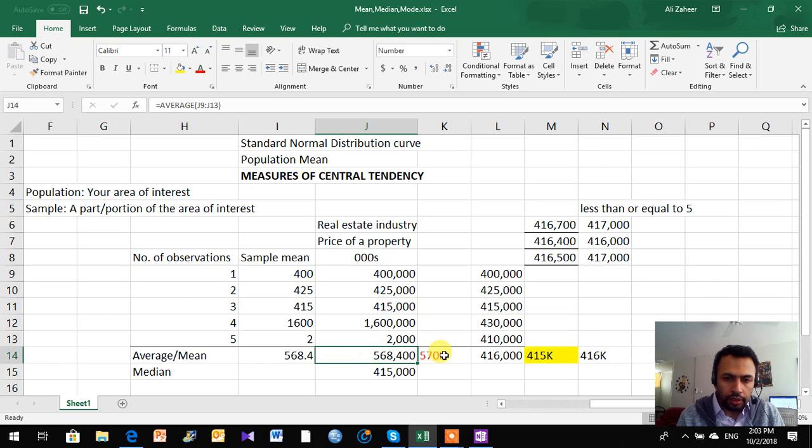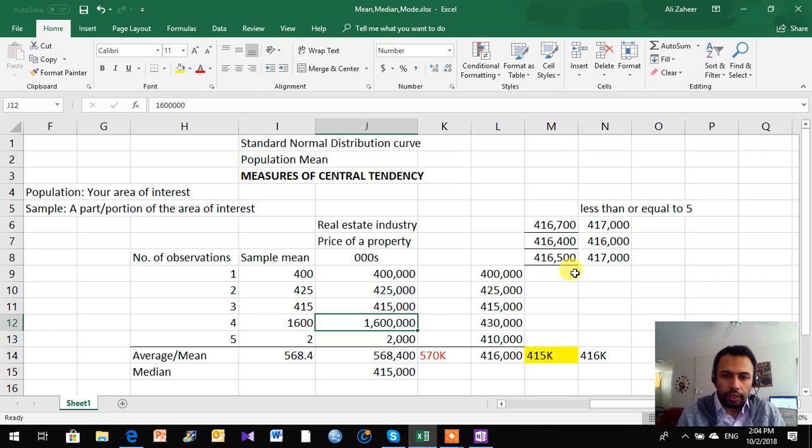And our average, in which we are saying that the price is around 570,000, is not reflecting the actual values. In order to reflect the actual values, all values ideally should be very close to each other. Otherwise, the average will be affected by the extreme values. In this case, 1.6 million is the extreme value. 2000 is also an extreme value.